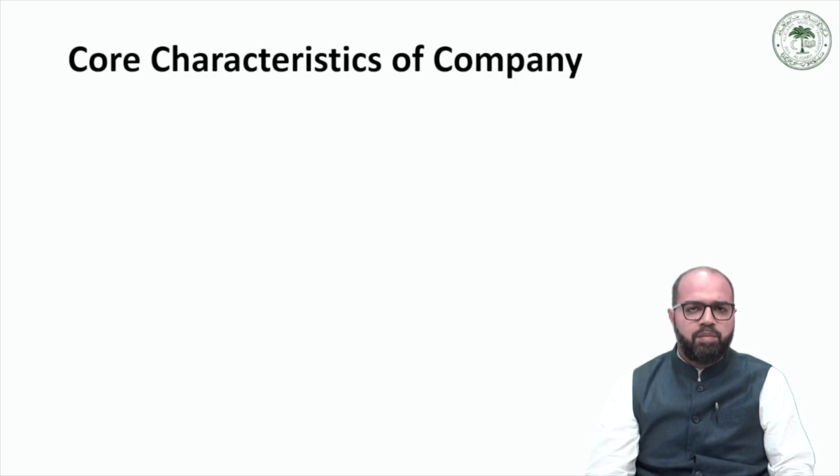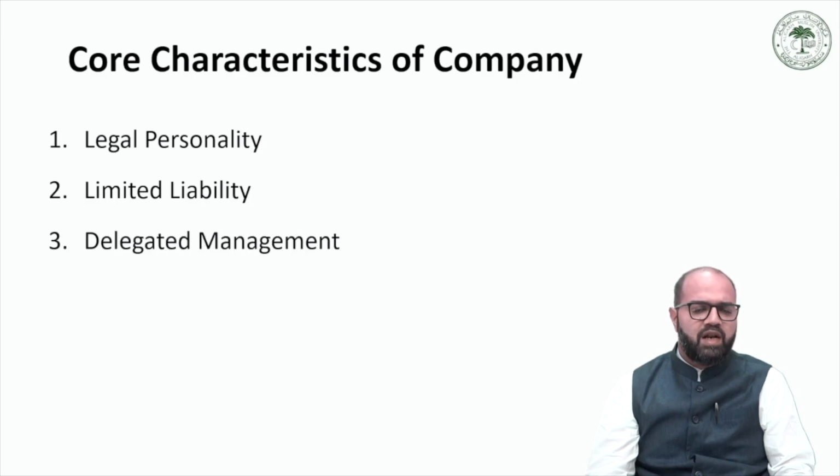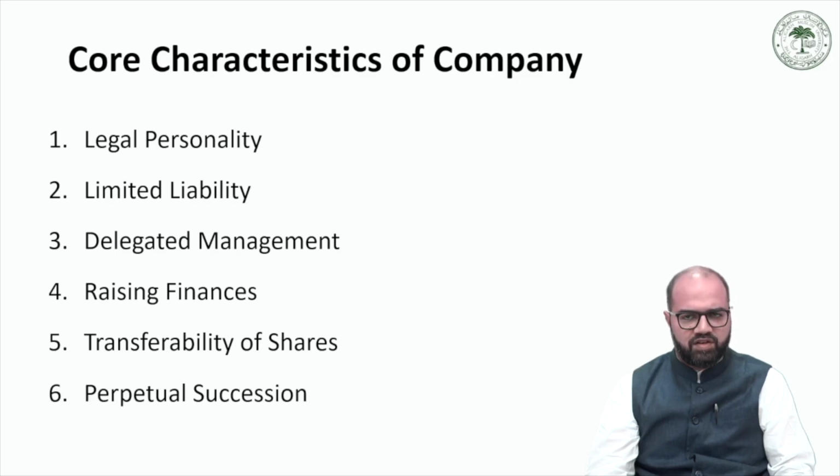Now we will briefly give you a glance and a glimpse of certain core characteristics of a company. A principal function of company law is to provide business enterprises with a legal form that possesses these 6 core attributes: number 1, legal personality; number 2, limited liability; number 3, delegated management; number 4, ease of raising finances; number 5, transferability of shares; and number 6, perpetual succession.